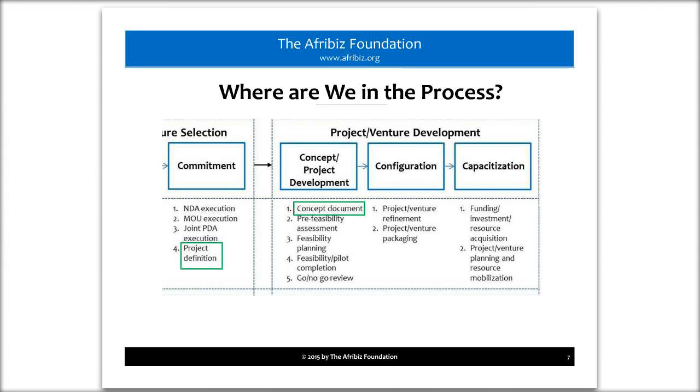One of the disconnects that I see very often is technical teams who have technically proven the project, and in general it has the financial viability as well. But the whole project is not structured to align with the financing mechanisms, and so they get caught in what we call a catch-22.